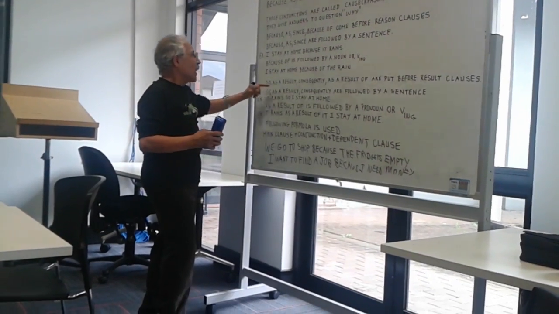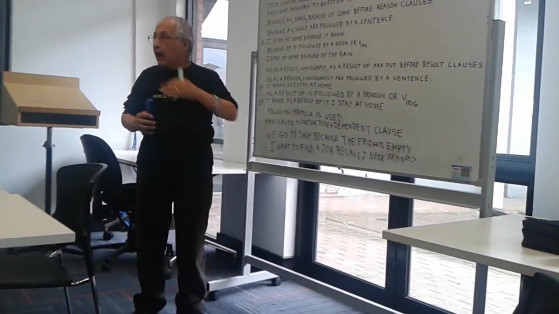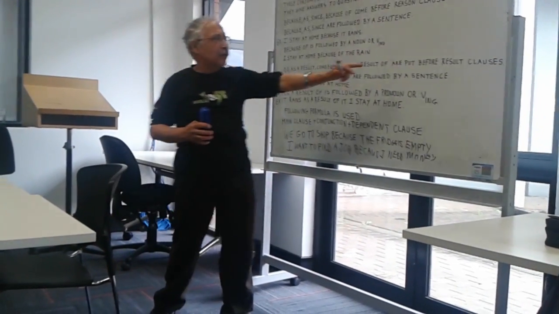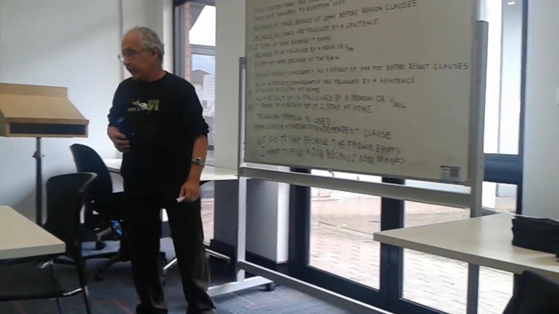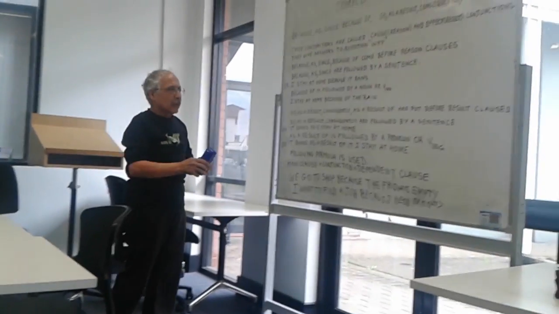And so, as a result, consequently, and as a result of are put before the result clauses. This is the only difference between those two.